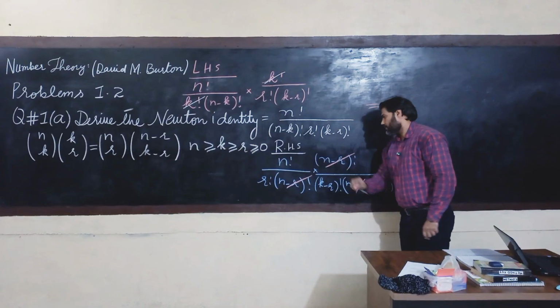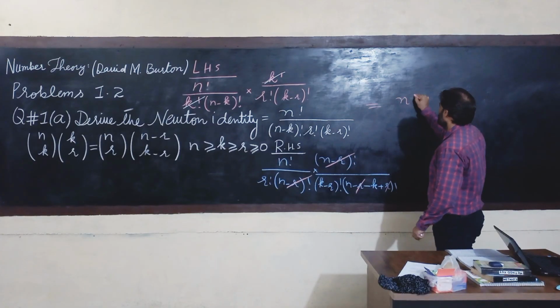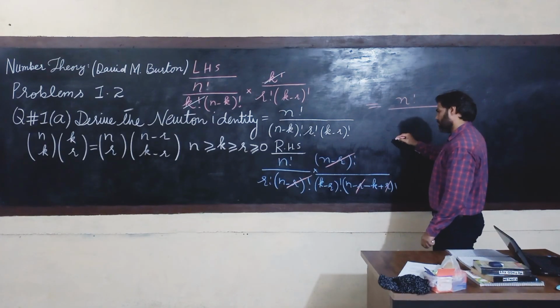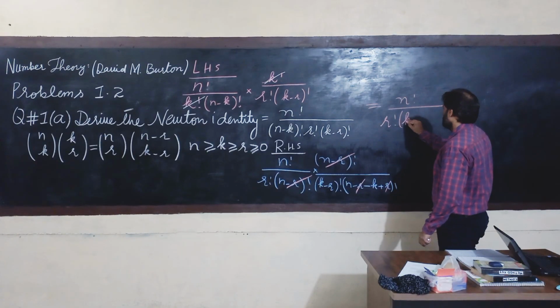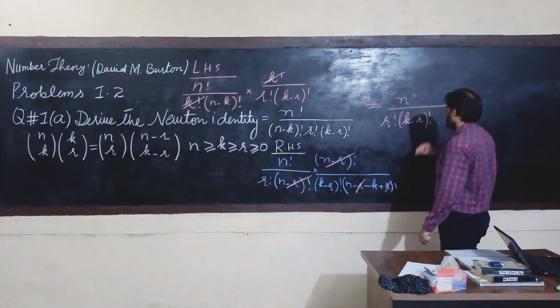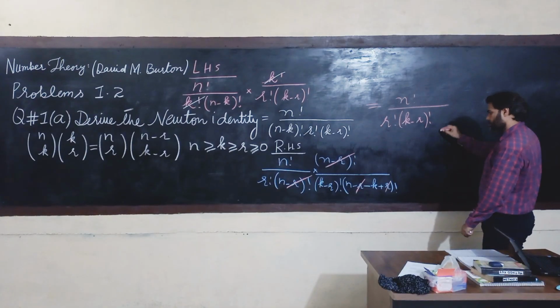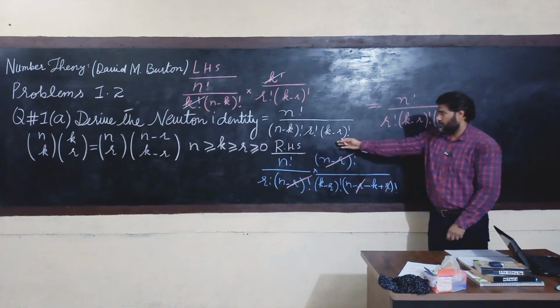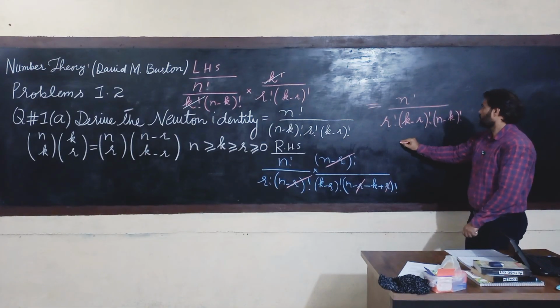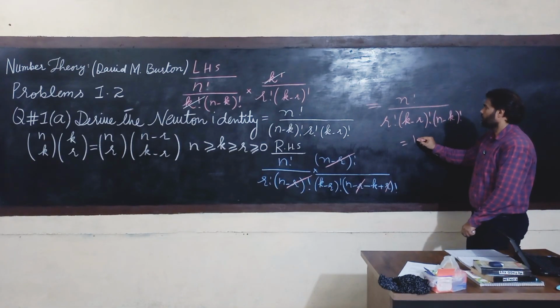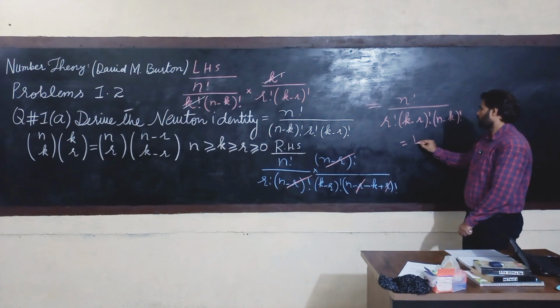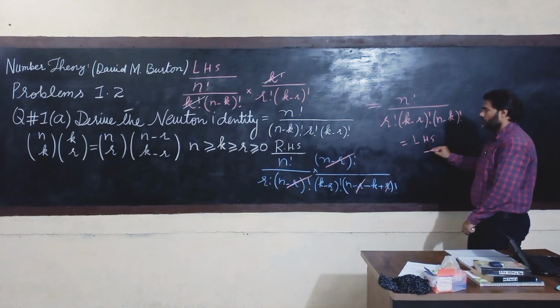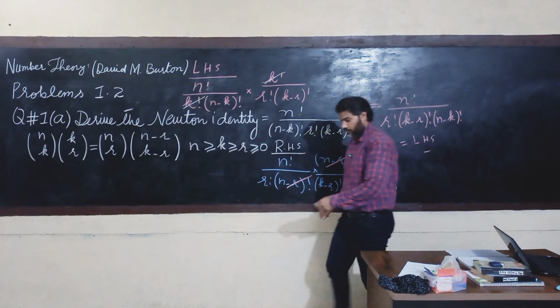Now in the numerator we have n factorial, and in the denominator this is r factorial into k minus r factorial into n minus k factorial. So this is the same as the left hand side, which is required to prove.